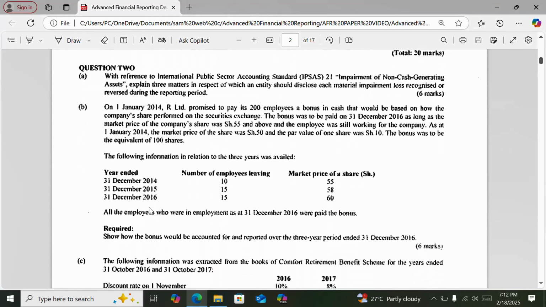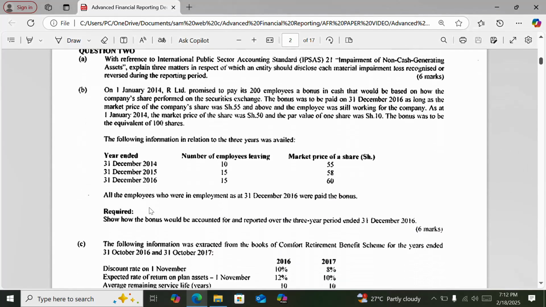Then part B required show how the bonus would be accounted for and reported over the 3 years period ended 1st December 2016.